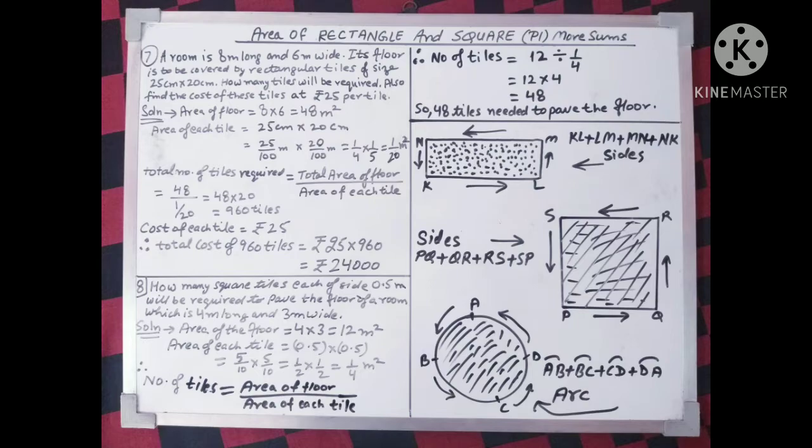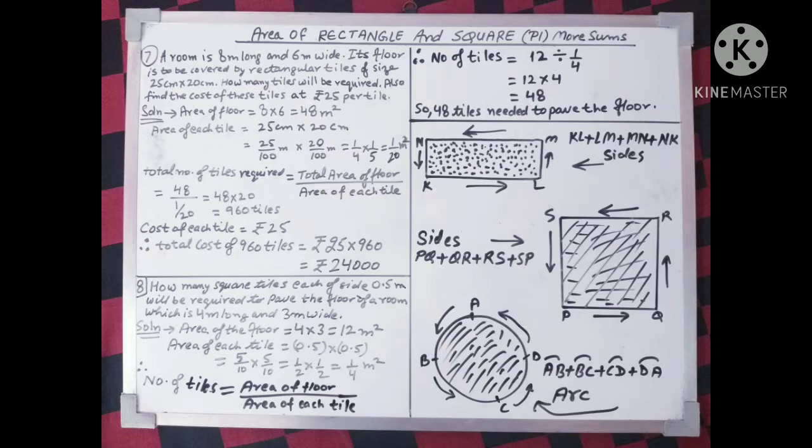So number of tiles required will be total area of the floor divided by area of each tile, that is 48 divided by 1 by 20, which will be written as 48 into 20 by 1.